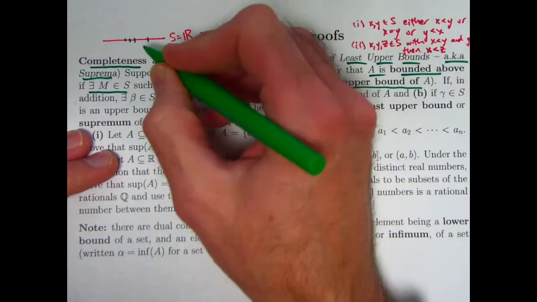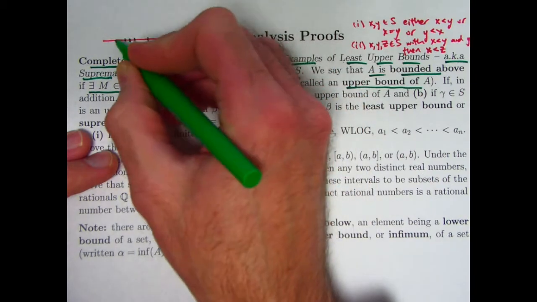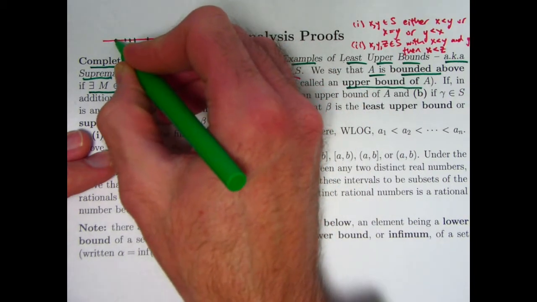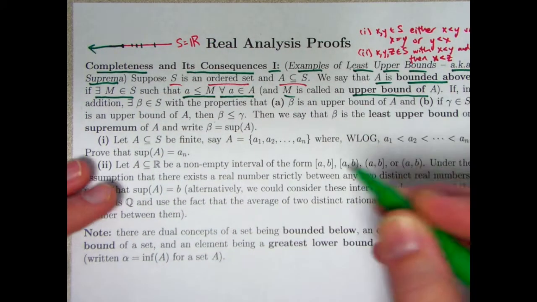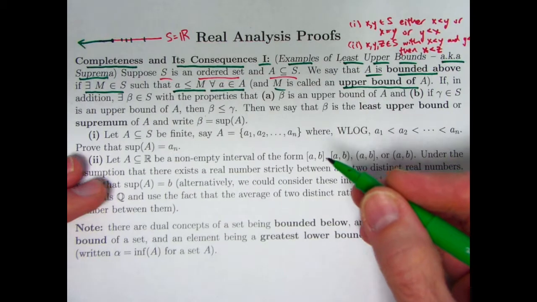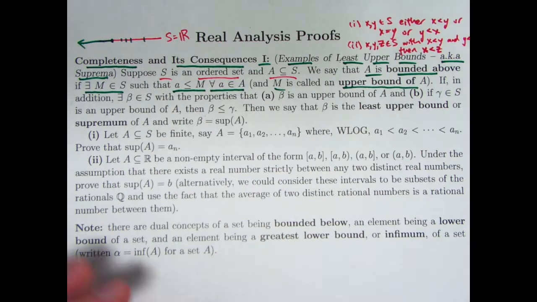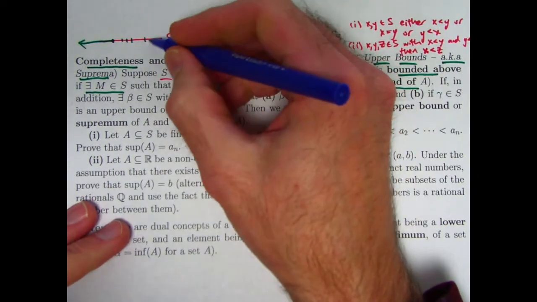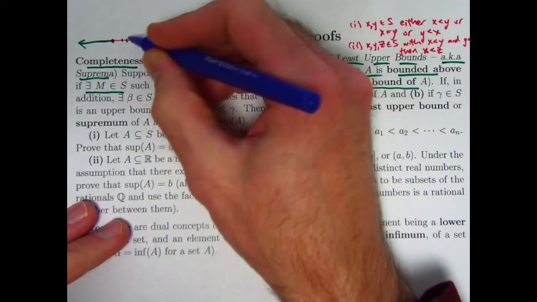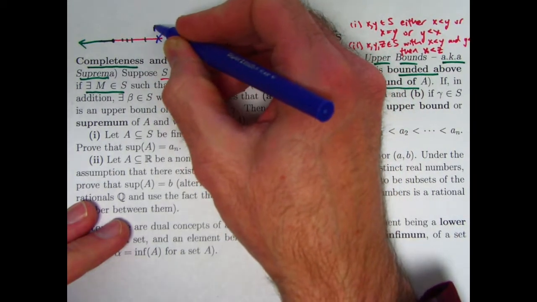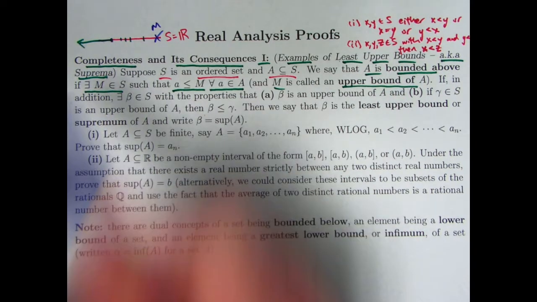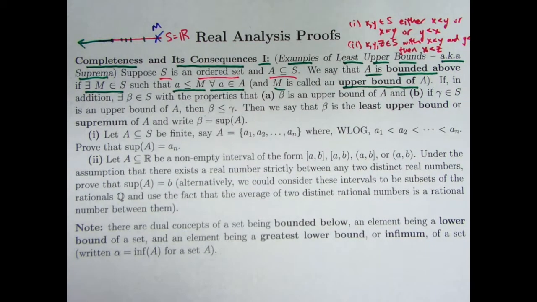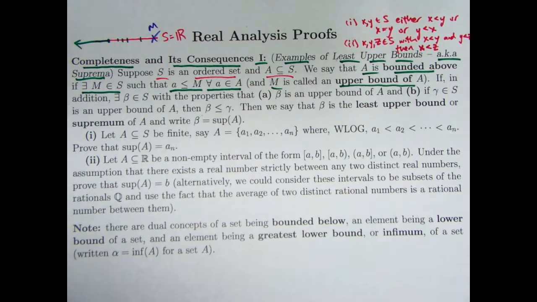Maybe that's A. You could imagine it to be these 4 points plus maybe an interval that is maybe even going off to minus infinity forever here. Such a set A would be bounded above. There would be an upper bound. And in fact, if this is your set, anything to the right of this point, like there, or even including the point itself, would work for capital M. Okay, capital M would be an upper bound of that set A that's in green there. So think about more examples to help you understand what this means.